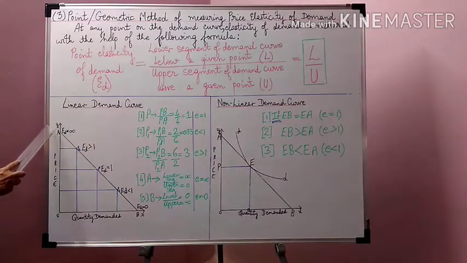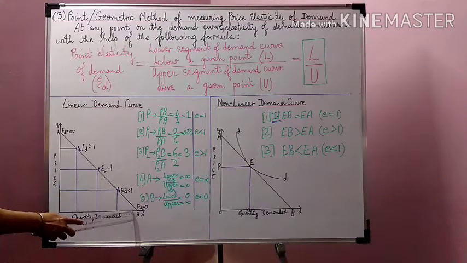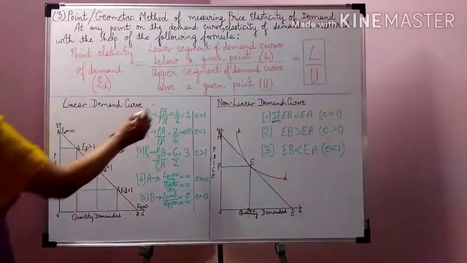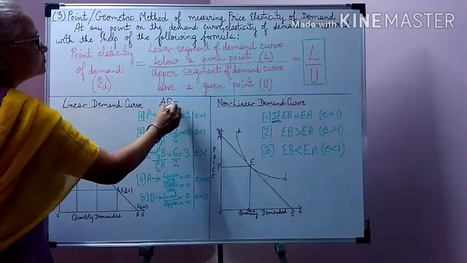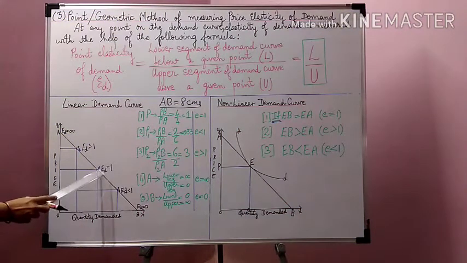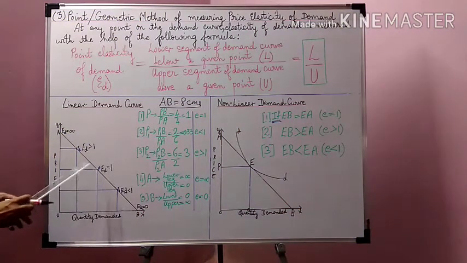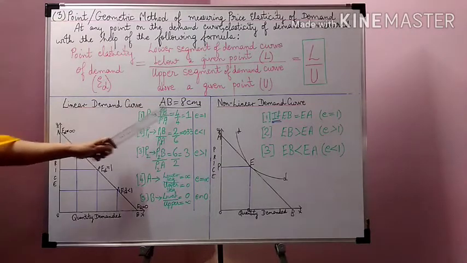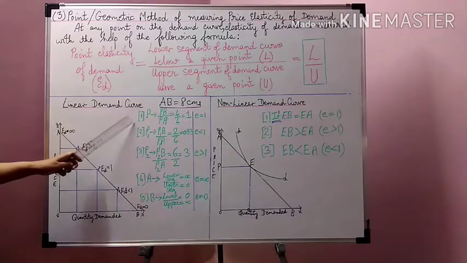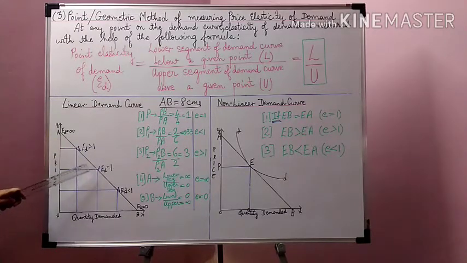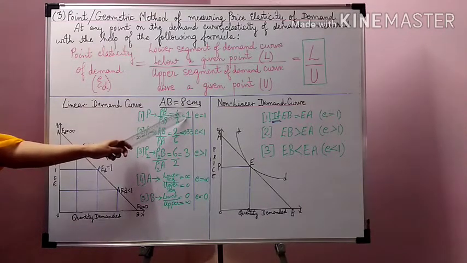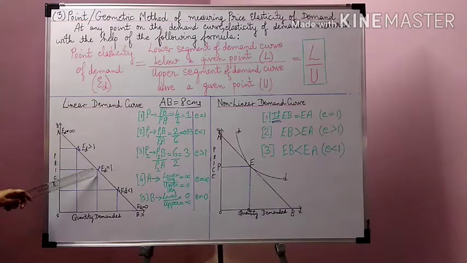Now we assume that this segment AB demand curve is 8 centimeters. So PB, it is at the center, so this will be 4 upon 4 equals 1. That means at this point P, the elasticity of demand is equal to 1. Therefore, it is unitary elastic demand.